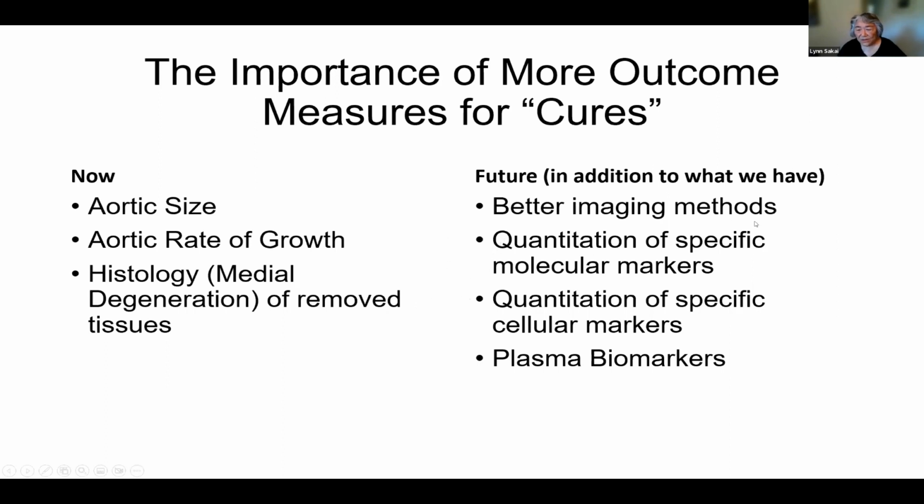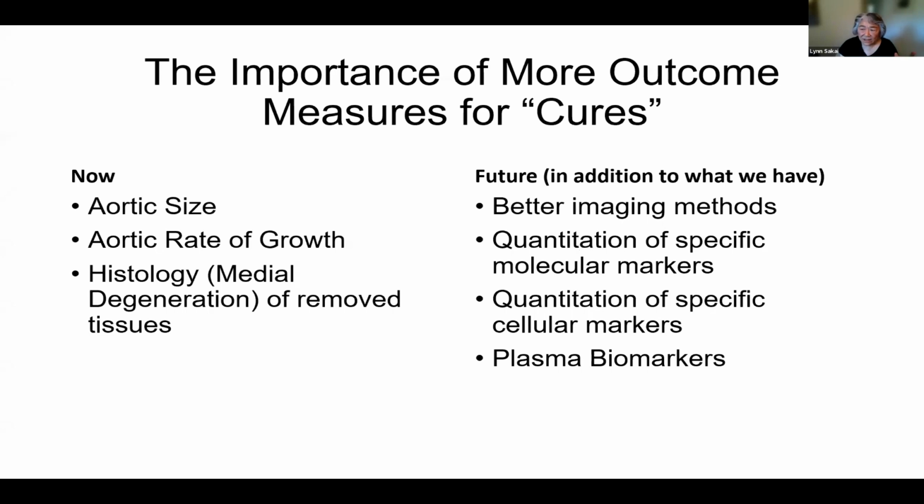From the basic research point of view, what we would like to do is to identify those specific molecular markers and those specific cellular markers that play important roles in the disease progression. And it's very important to researchers not just to identify these specific markers, but to be able to quantitate these specific markers. That is because if we want to measure an outcome in one of these markers, an outcome as a result of a drug therapy, for example, these measurements have to be quantitative.